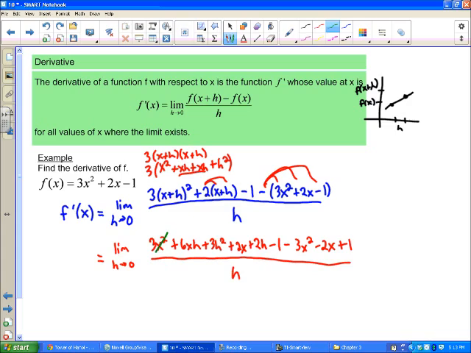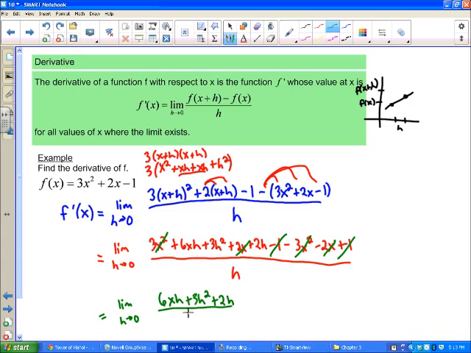Check this out. 3x squared minus 3x squared. 2x minus 2x. Negative 1 plus 1. All of that goes away so that everything we have left on top has an h in it. Look, I have 6xh plus 3h squared plus 2h.